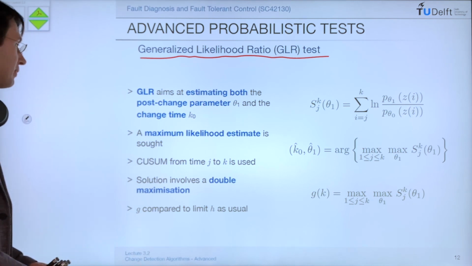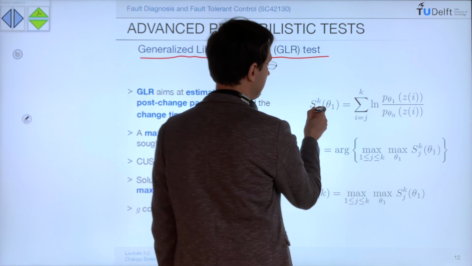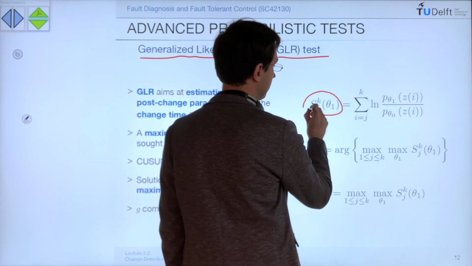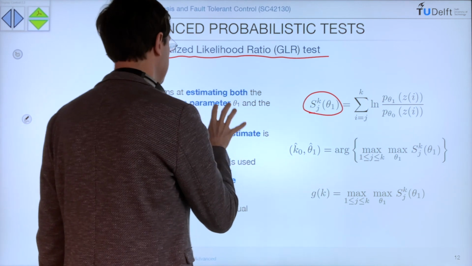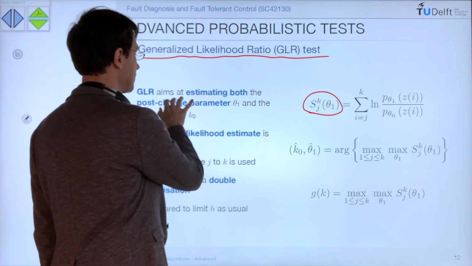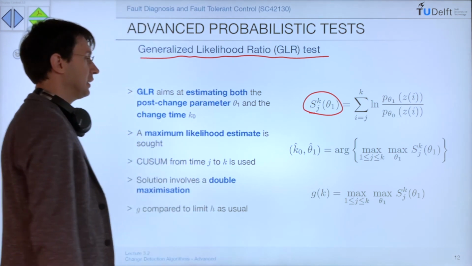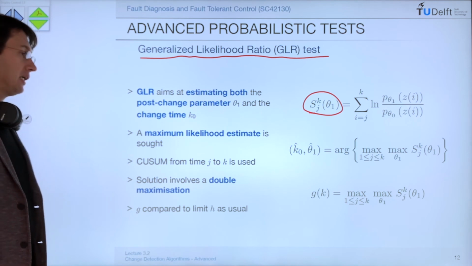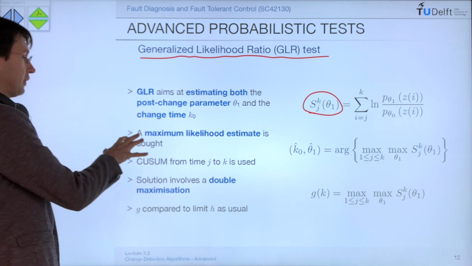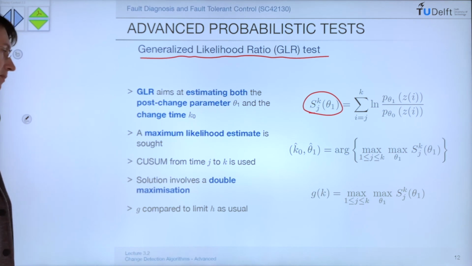And the aim of the GLR is to take the same CUSUM as before, but now we want to estimate both the post-change parameter θ1 and the change time k0. And the way this is done is solving a maximum likelihood estimate problem.